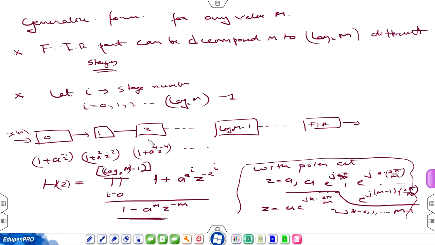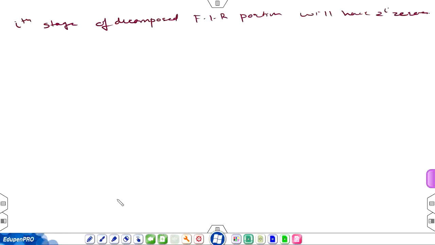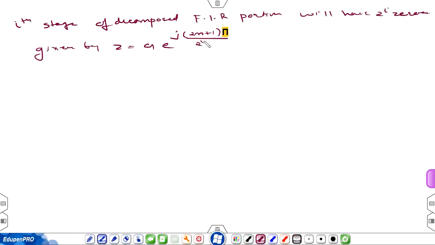This will have 2, this will have 4. Okay, and the location is given by z is equal to a into e raised to power j 2n plus 1 divided by 2 raised to power i, this factor, for n equal to 0, 1 up to 2 raised to power i minus 1.